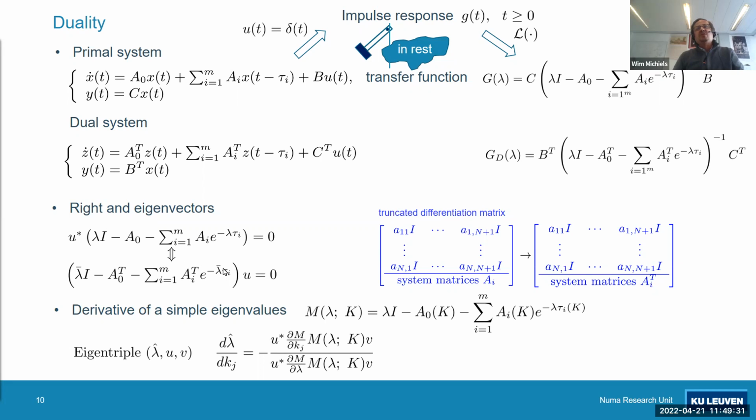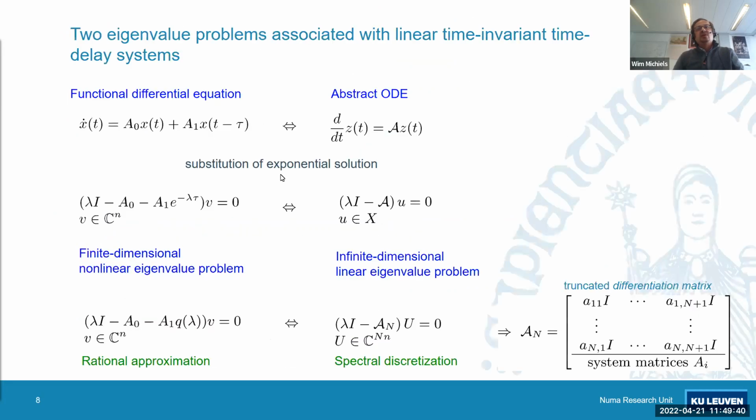An important thing which I want to make clear now, also for later, is the following. Defining the dual system in this way does not correspond to considering the adjoint of operator calligraphic A in the linear formulation.